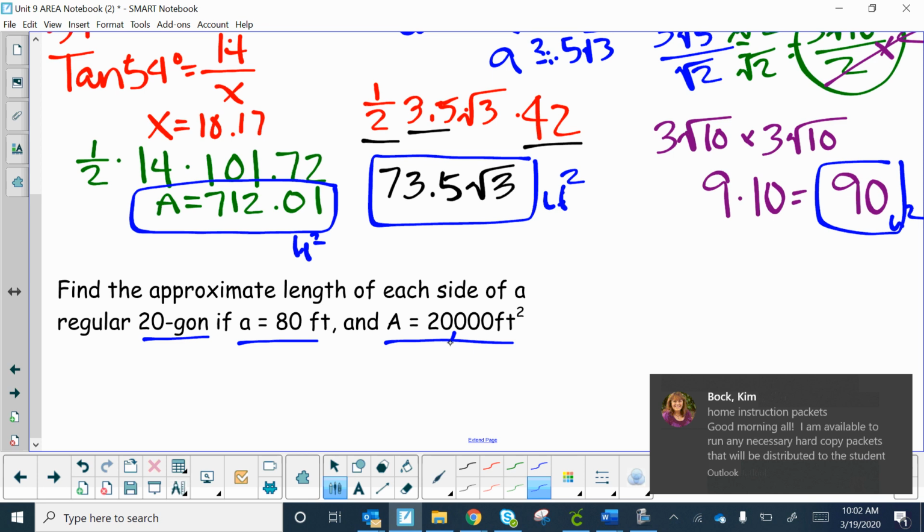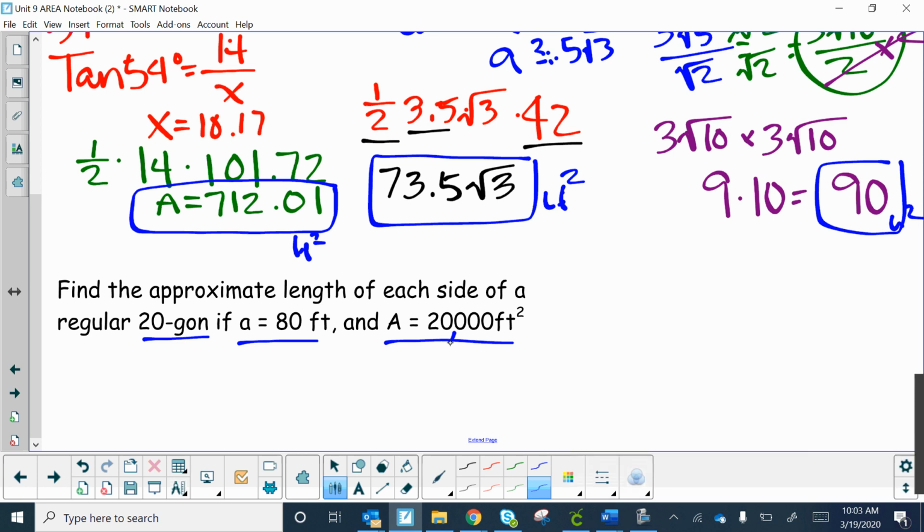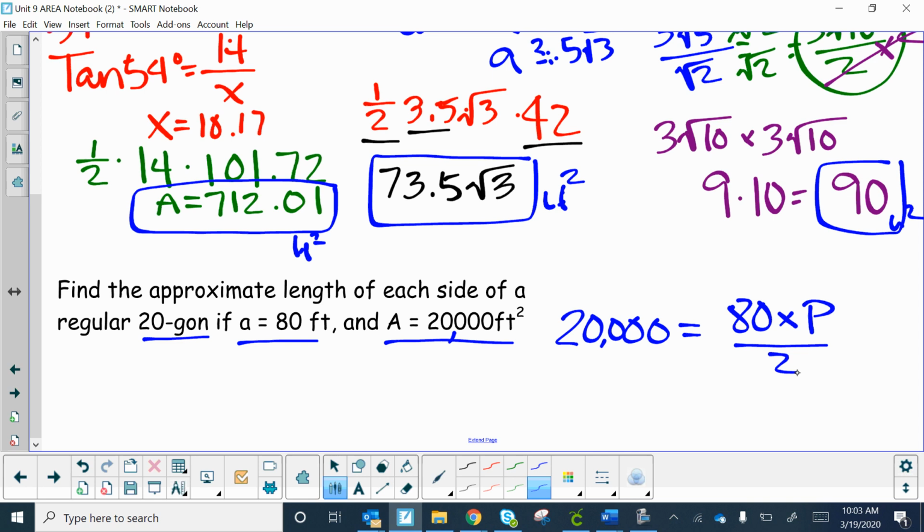So what you want to do is just use algebra and solve backwards. So I have 20,000 equals apothem times perimeter divided by 2. If I can solve for the perimeter, all I have to do is divide that by 20 to get the side. So I'm going to reduce that right there.